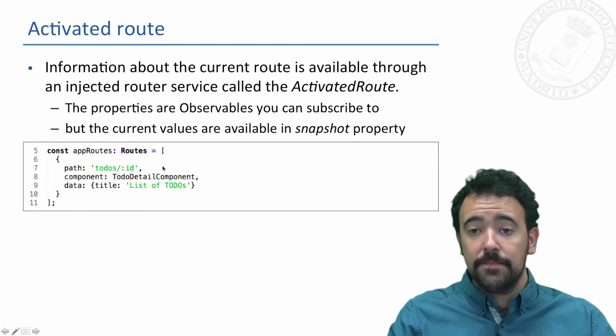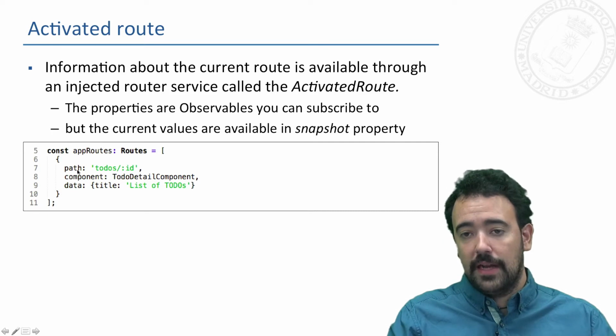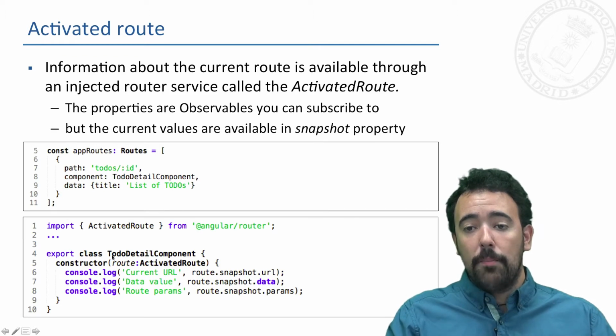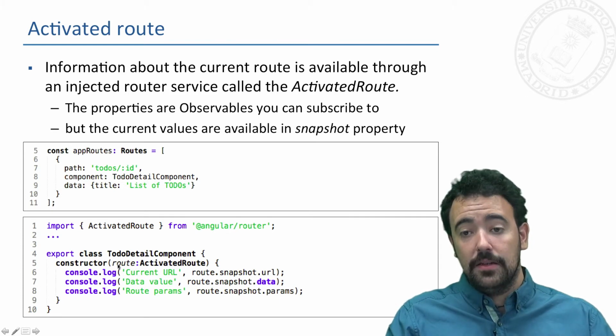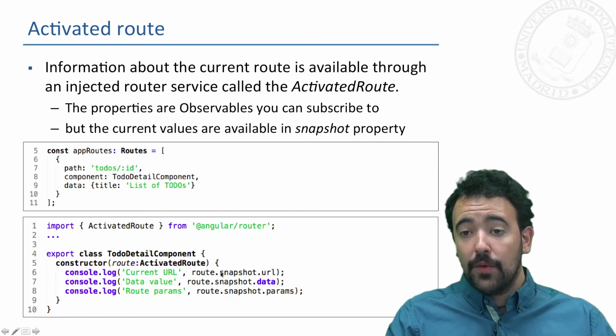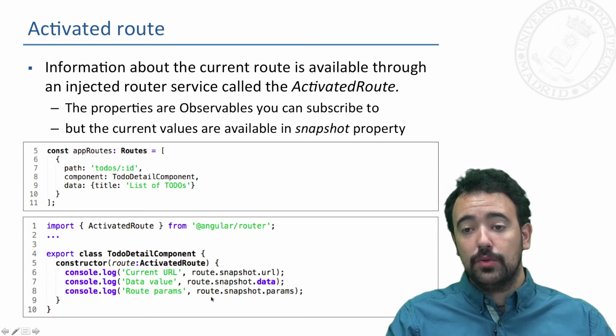So for instance, if we have defined a route like the one you can see in the slide with a parameter and also with extra data, in the component that is rendered, the to-do detail component, as you can see, we can inject the activated route service, and we can here access different data.